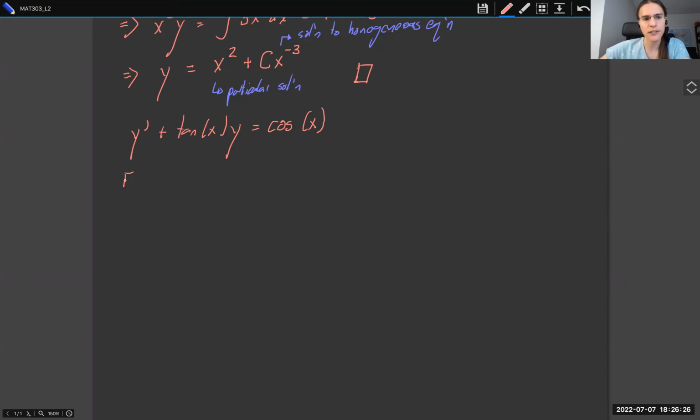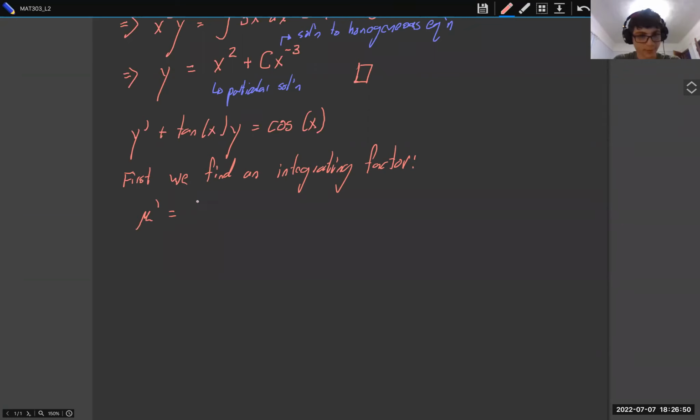So we write first, we find an integrating factor. And then we write what the equation for an integrating factor is. It's mu prime equals what? Yes, mu times tan x.